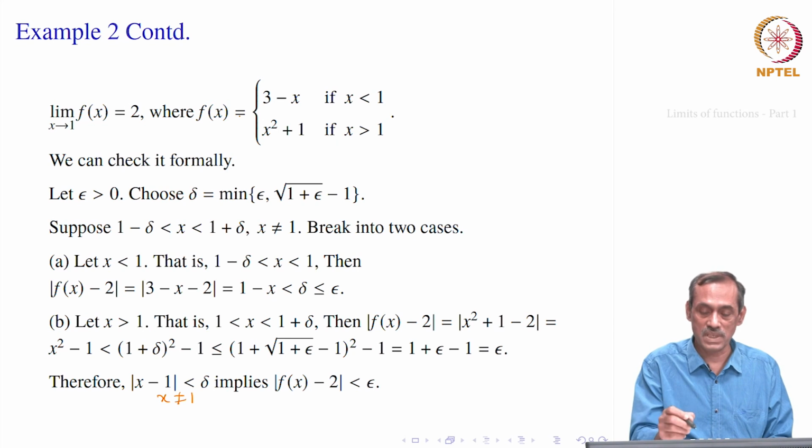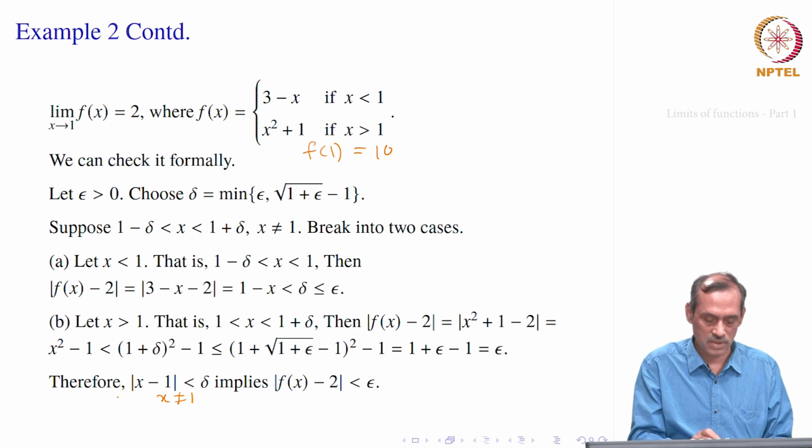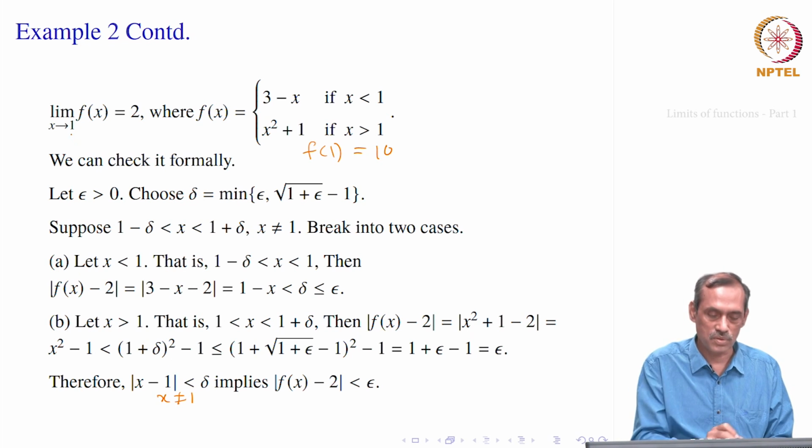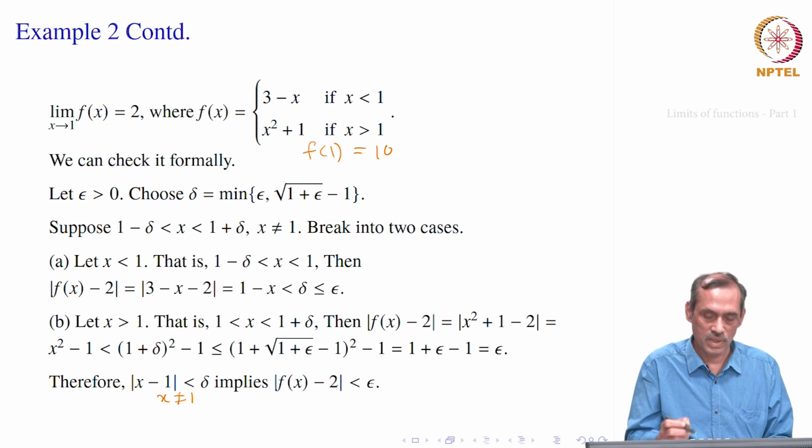Suppose f is defined on the whole of R, along with these two conditions we have f of 1 equal to 10. It does not matter because f of 1 is never used in this computation anywhere in the definition of the limit. Still, the limit of f x as x goes to 1 will be equal to 2, even if you define f of 1 equal to anything. So, it does not really matter whether it is defined there or not defined.